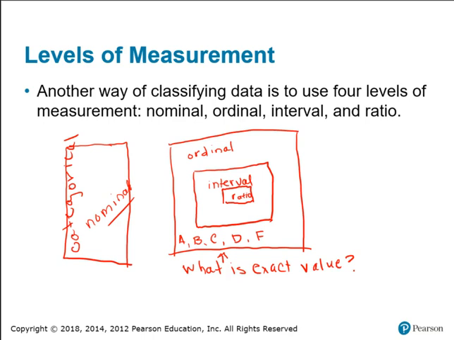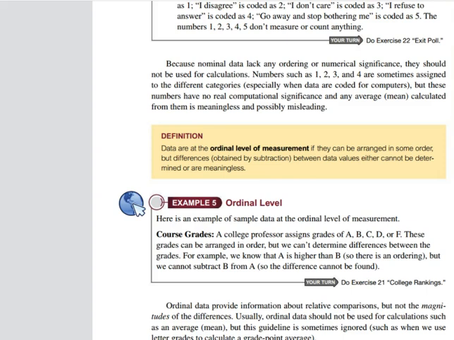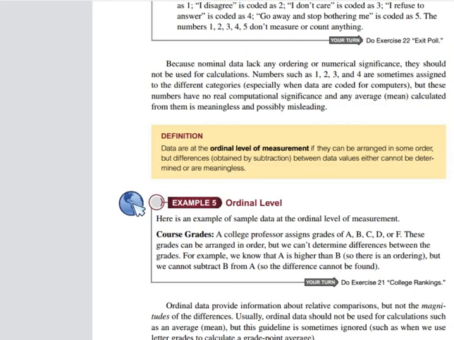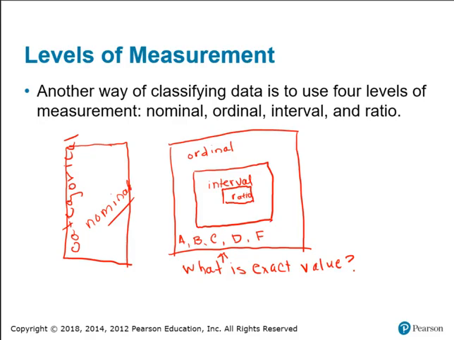So hopefully that makes sense. If it's still not clear, you might want to go back and take a look at the book. The pages on that are 16, 17, and 18. You can quickly look at those, and hopefully it will help make some more sense.